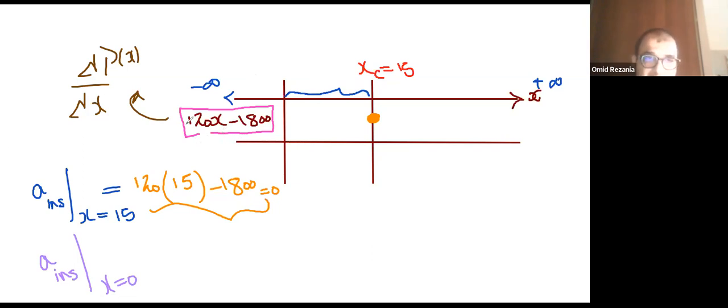When I plug it into that equation, the first term, 120x, is going to vanish, because you say 0 times 120. Then you get only minus 1800, which you will see is less than 0.